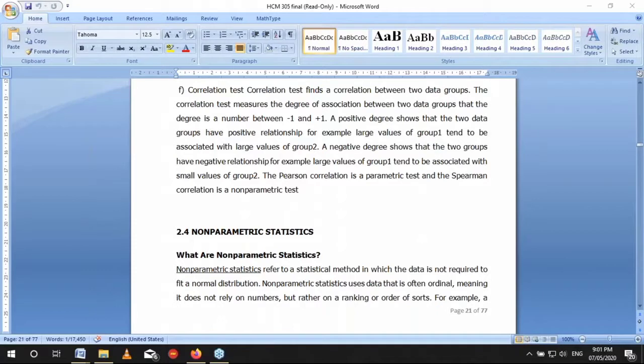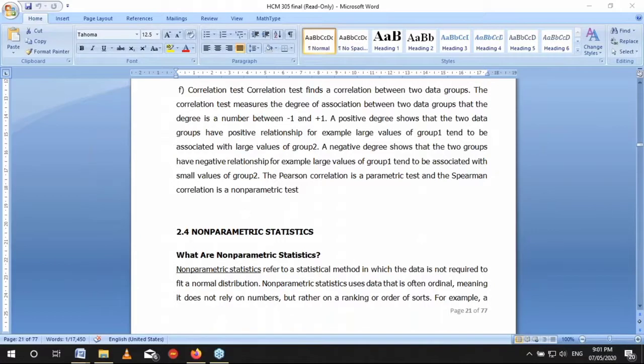Number three, the methods applied for analyzing collected details. Number four, types of research methodology. Number five, probable objections for research. This one doesn't need much explanation.